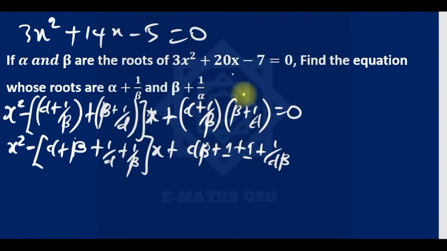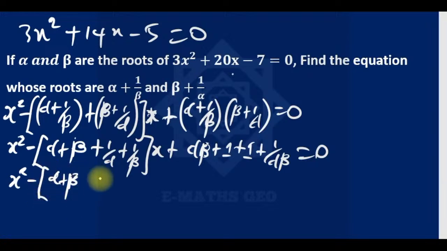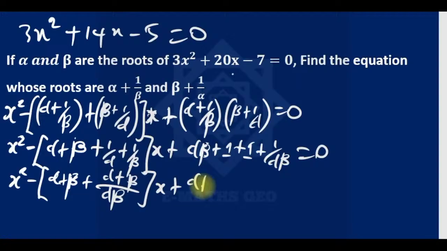This is 1, that is 1, this to this 1, that to that. Equal to 0. So we have x squared minus, we can sum this as alpha plus beta plus, the addition of this, which is alpha plus beta over alpha beta, plus 2, equal to 0.